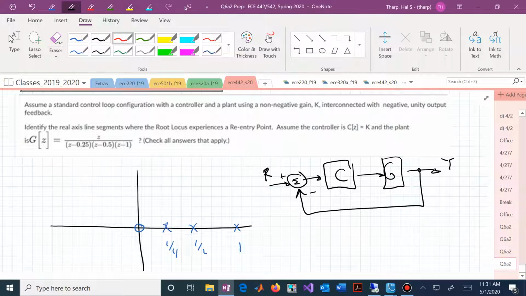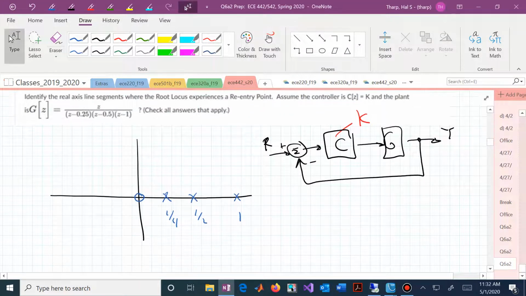Now we're asked, identify the real axis line segments where the root locus experiences a re-entry point. We have breakaway and re-entry points. Assume we have K for our controller and now our plant. I hope I've already indicated the poles and the zeros. We have a zero at the origin. We have three poles, one at 1/4, one at 1/2, and one at 1.